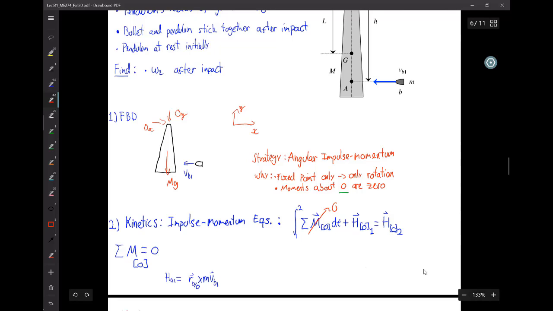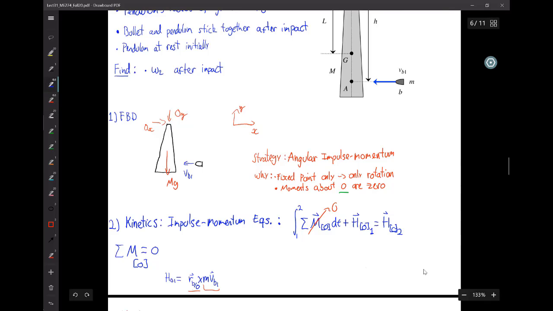The only contribution is from the momentum of the particle. Remember, the particle can have an angular momentum about a point. And that is calculated as the cross product between the position of our particle relative to the point of rotation, cross its linear momentum, m times v.